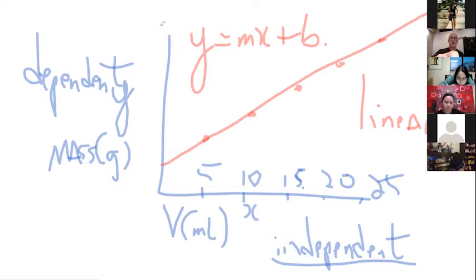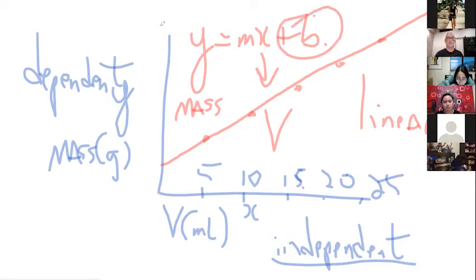So y is the mass. X is the volume. Plus b is where it hits the y-axis. What is m? What's going to be the value of m? The slope. And what is the slope going to tell us?